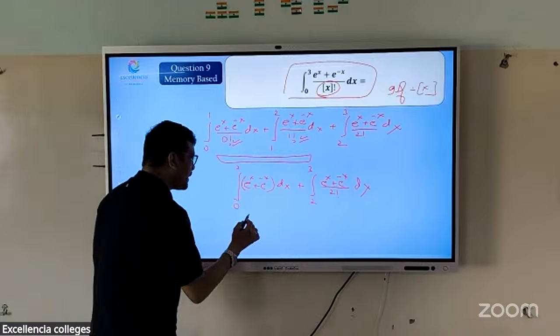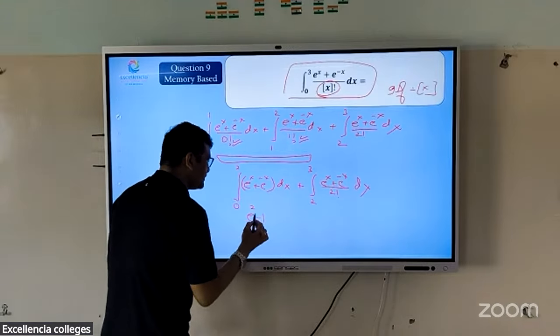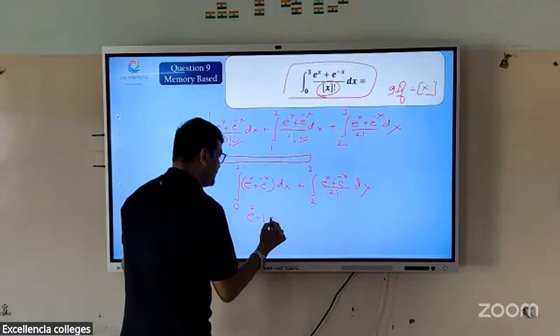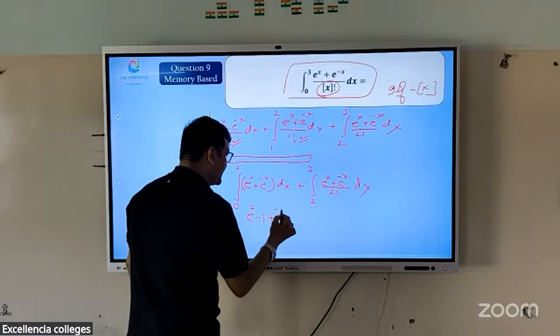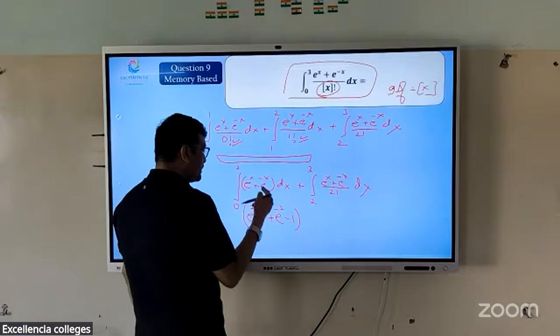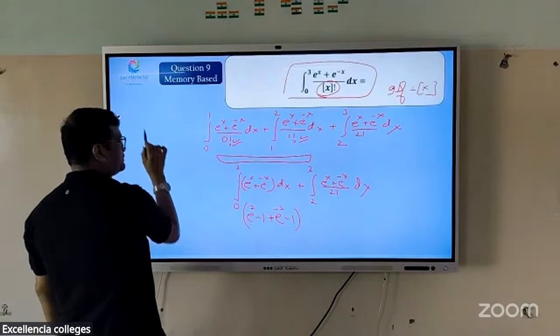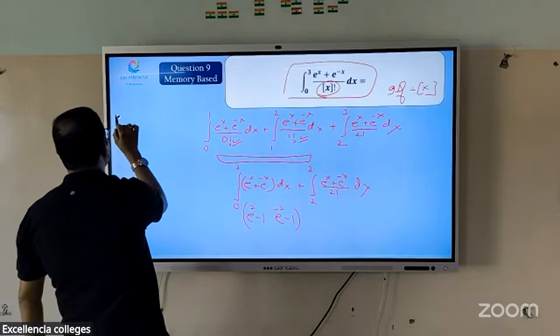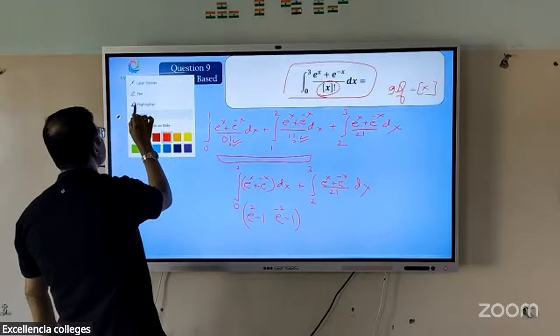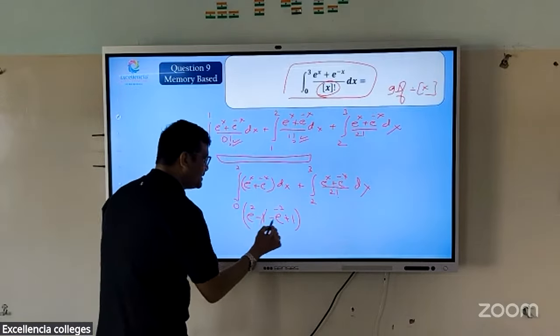So let us go for it. This is e square minus 1, plus e power minus 2, since integrating e power minus x, that's why there is a minus. This cancels.